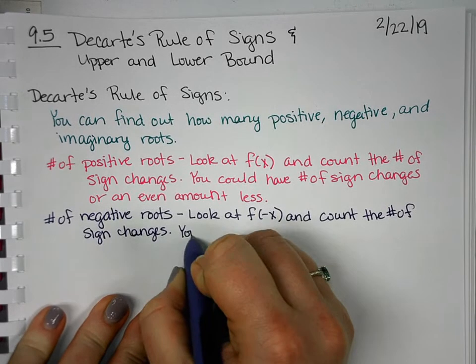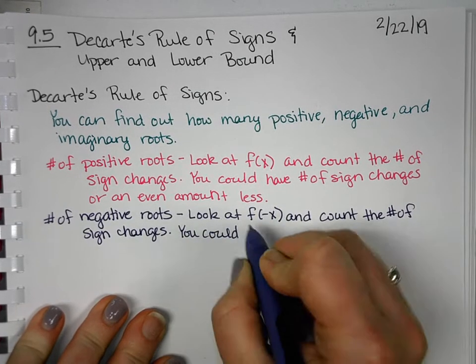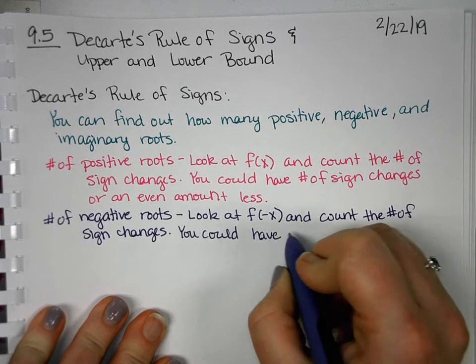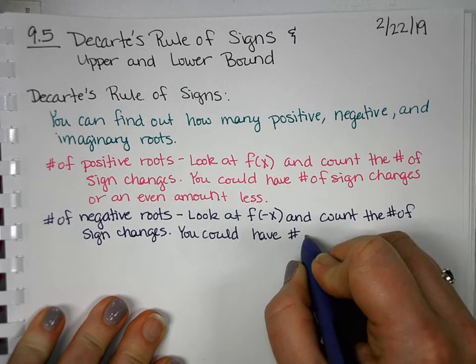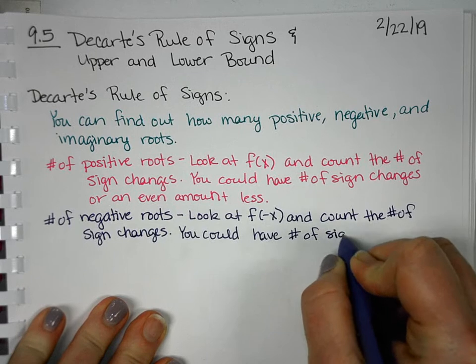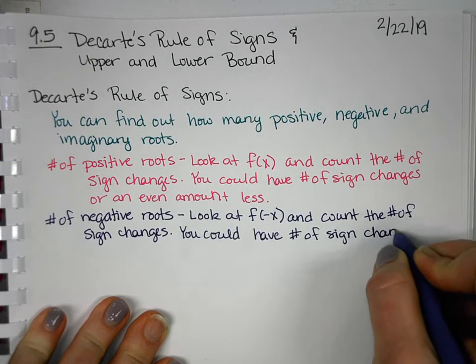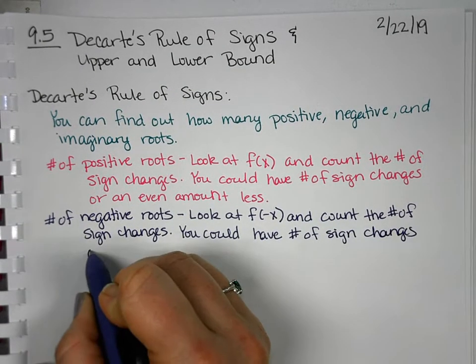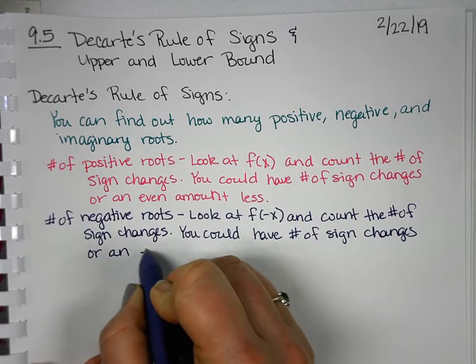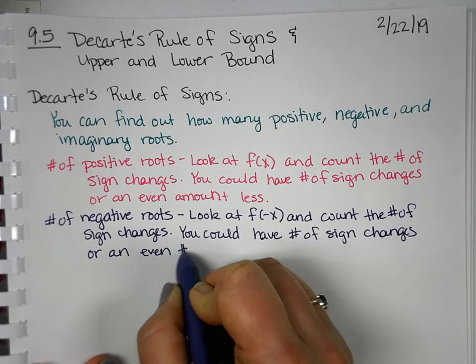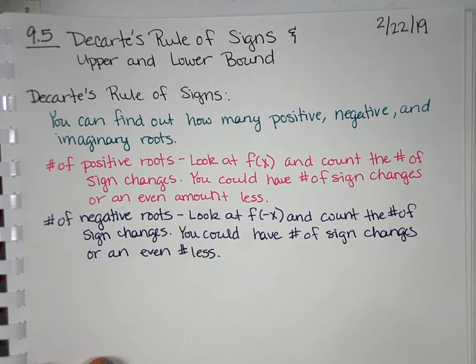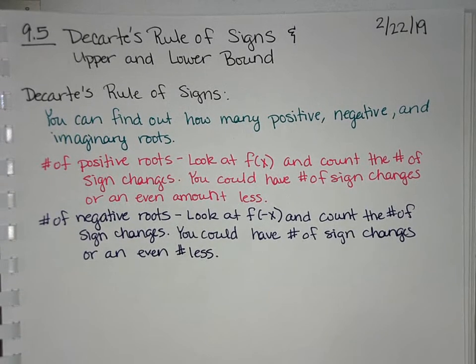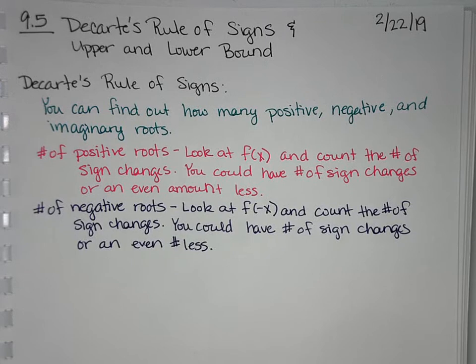You could have the number of sign changes or an even number less. So by just again counting the number of times our equation switches from plus to minus, we can narrow down our list of possible solutions.